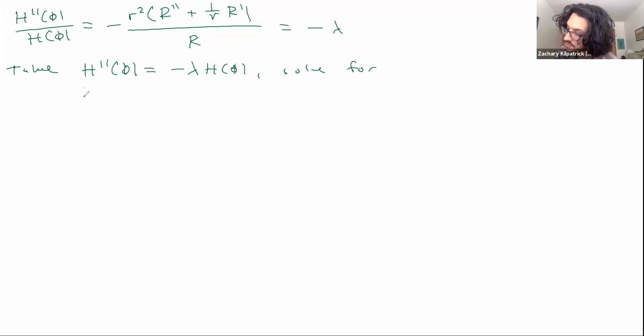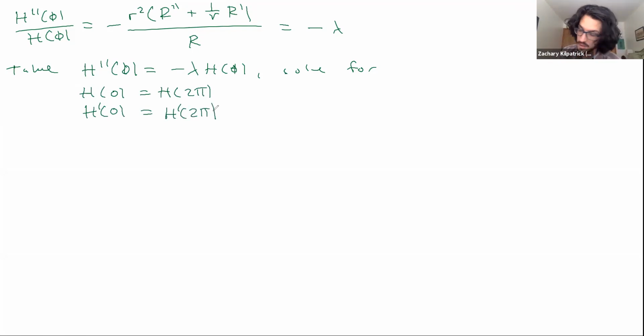Note that our boundary conditions become h of 0 equals h of 2 pi, h prime of 0 equals h prime of 2 pi. And this is going to give me that h needs to be a periodic function on 0 to 2 pi.